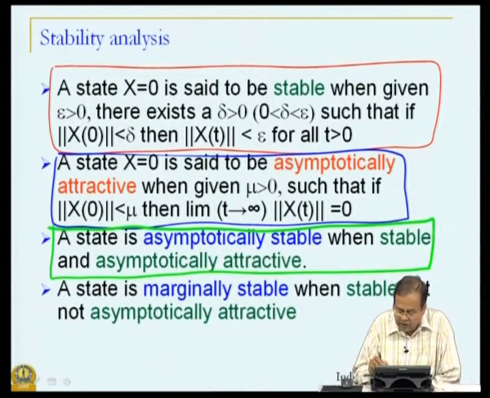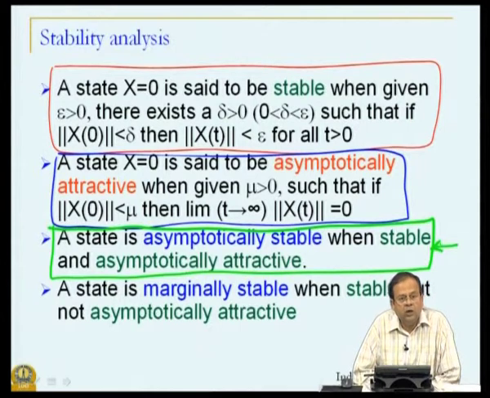Now, at first glance, this definition may seem to have some redundancy in it, saying that it should be stable and asymptotically attractive. Doesn't the definition of stability directly or indirectly imply attractive, and the definition of attractive directly or indirectly encompass the definition of stability?